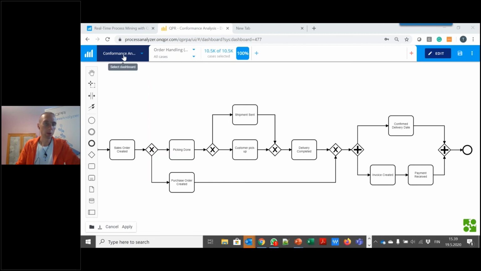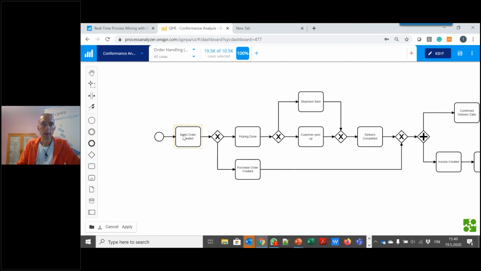The conformance analysis is designed in a way that it is super strict with all the restrictions in this BPMN model. So if we have this sales order created, and then either we go to picking done route or the purchase order created route, there must not be anything happening between the sales order created or purchase order created.